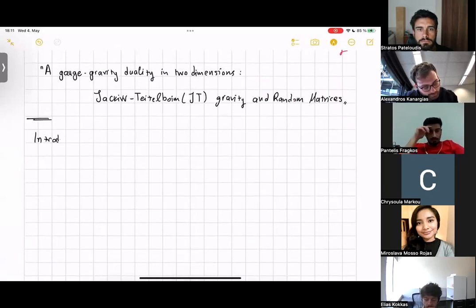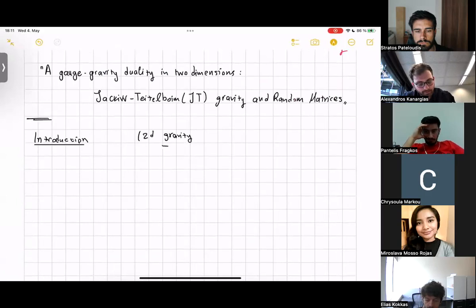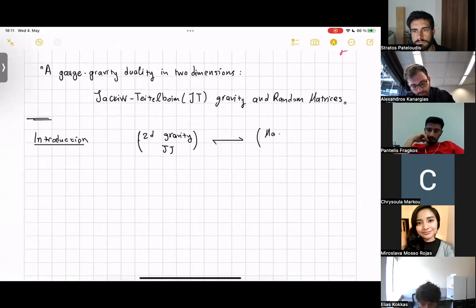So let me start with a little sketch. We have two-dimensional gravity, which in our setting will be this JT gravity, which I will explain what it is. And we want to see its interplay with matrix models and some nice mathematics, specifically hyperbolic geometry.